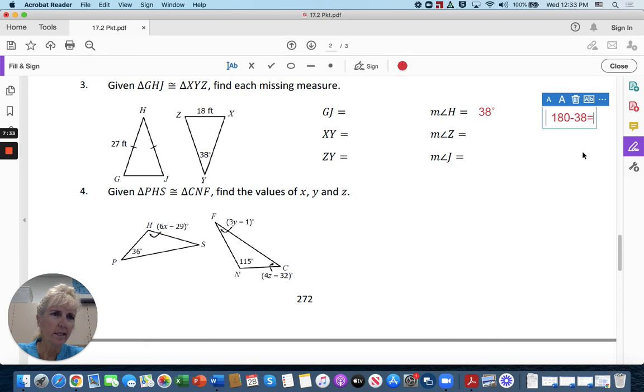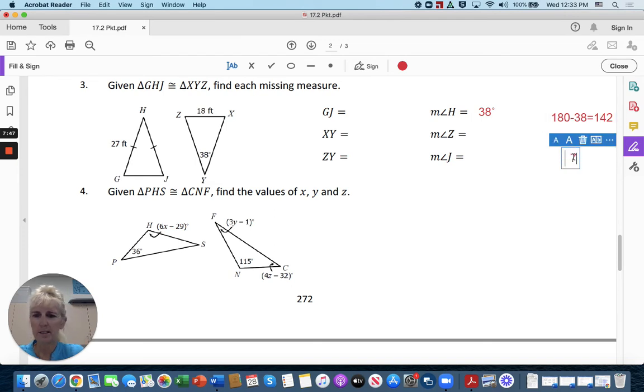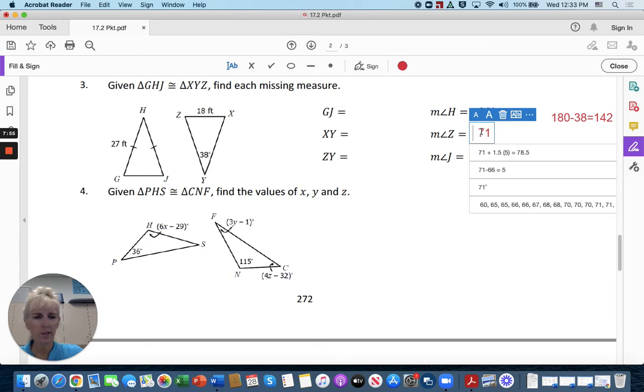Let's see, what does that equal? Is that 42? So if I take 142 actually, and if I divide that in 2, it's going to be 71 degrees, if I did my math correctly. So we know that these two are both 71 degrees because it's an isosceles triangle.